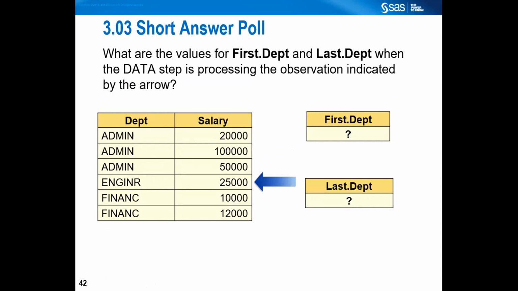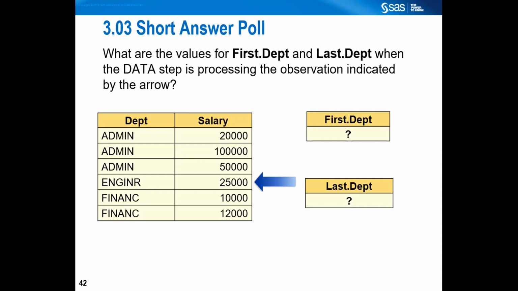1, 1. Priyanka and Swarupa agreed. The first dot department will be 1, but in that group, the last dot department will be 0. Priyanka, do you agree? Why would the last department be 0? It is only 1, so it will be 1, 1. For the engineering.